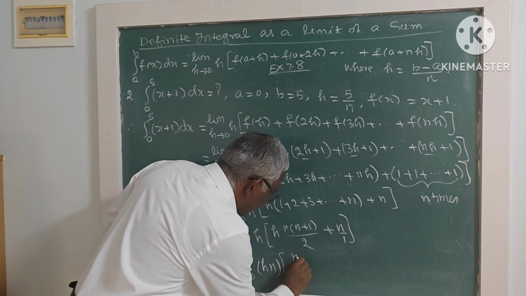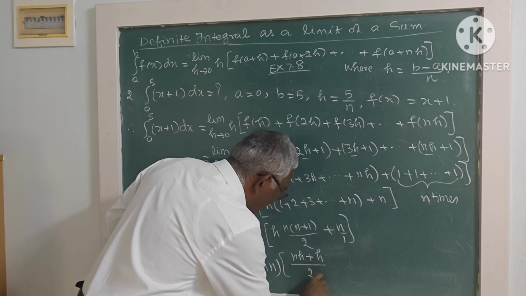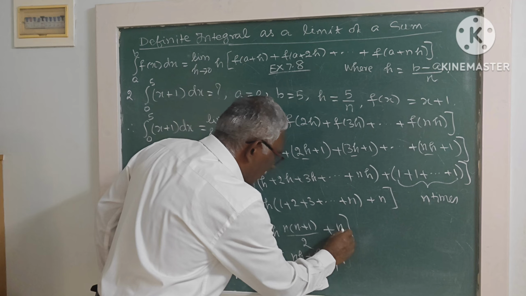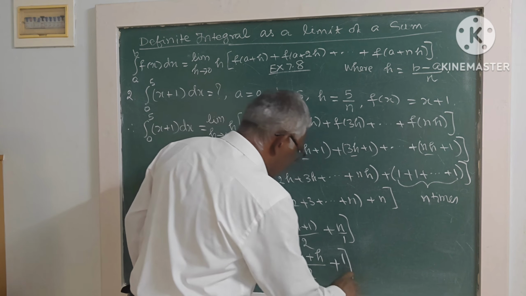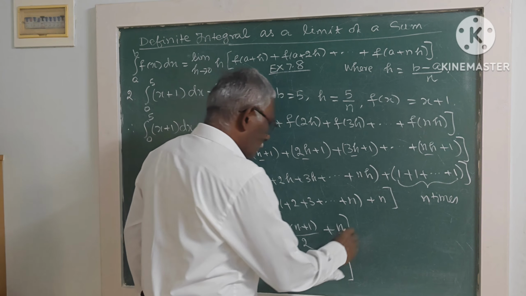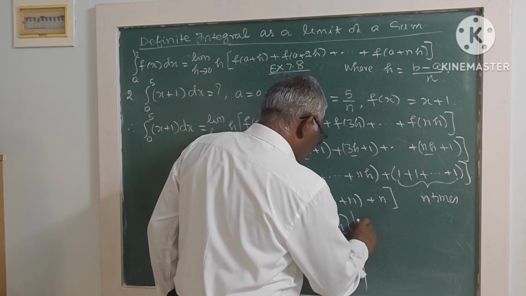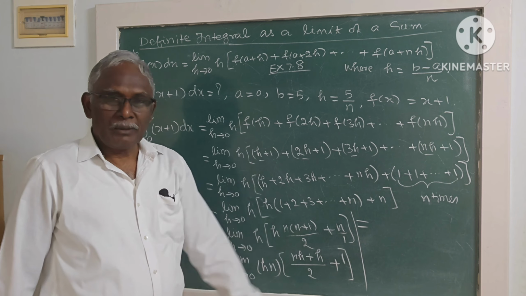So we'll write nh into (nh plus h by 2 plus 1). Now for nh we'll put 5.